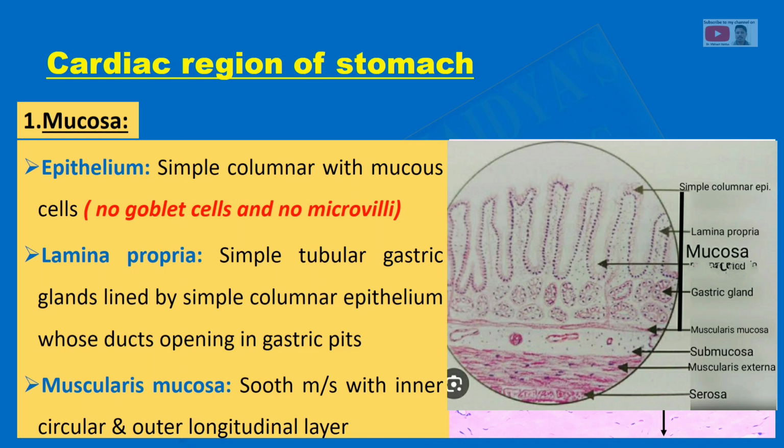Then after the lamina propria, we can see a small layer of the muscularis mucosa. This muscularis mucosa is a very thin layer of smooth muscle, and it is made of an inner circular and an outer longitudinal layer.